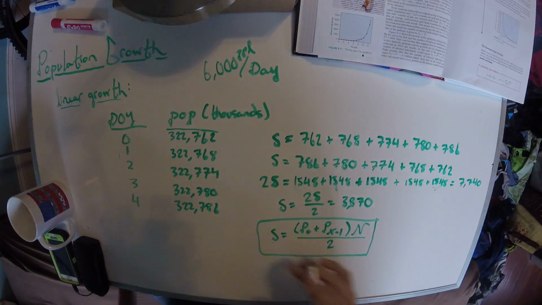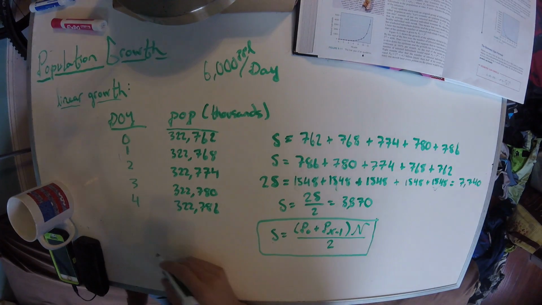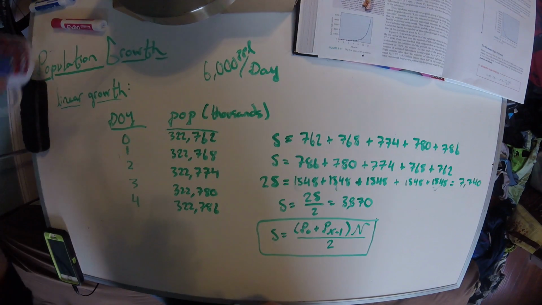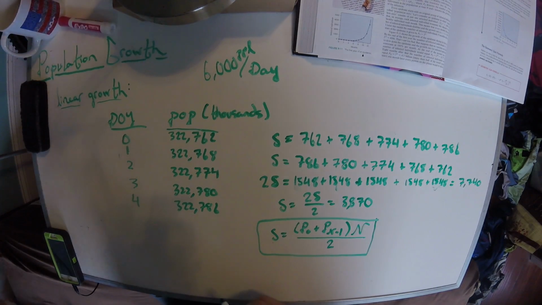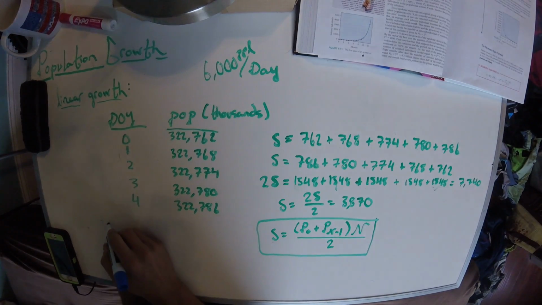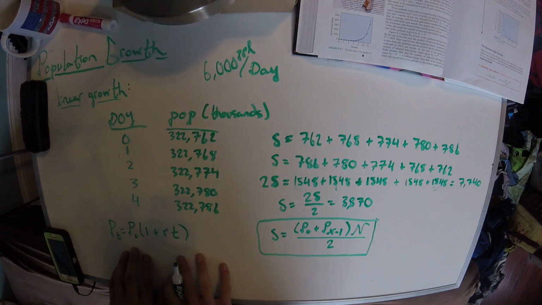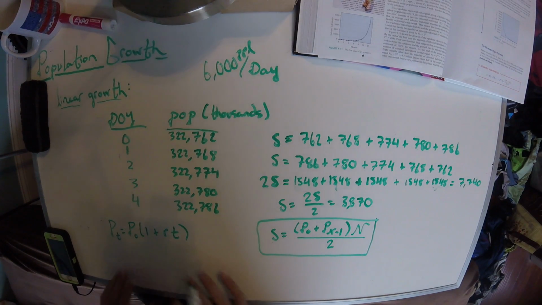Okay, so one last thing I want to mention here is that the formula for the population at any given time is going to be equal to this. So P at some time t is equal to P0 times 1 plus rate times time, just like for interest.